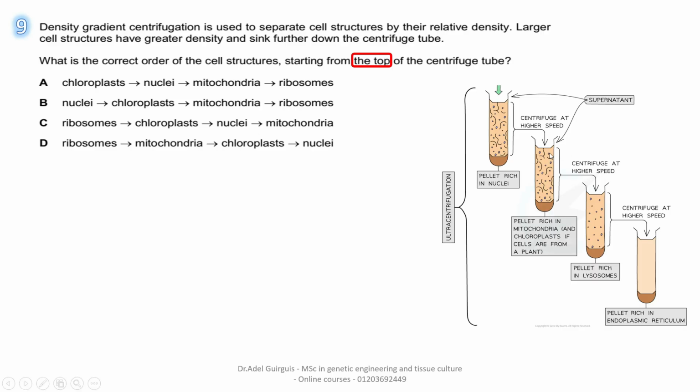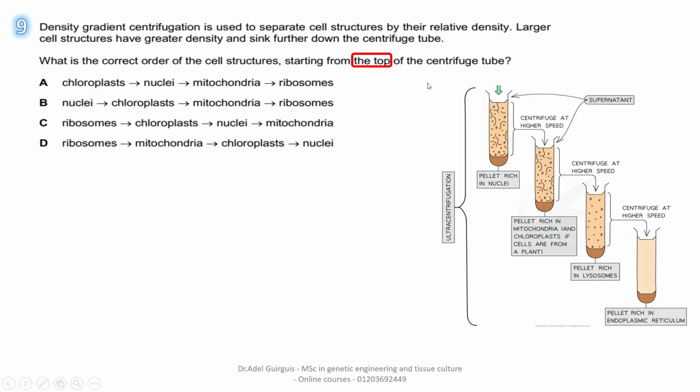When we take this supernatant and spin it for the third time, we obtain the third pellet: lysosomes and other vesicles, like transport vesicles and secretory vesicles, all these vesicles with one membranous structure. Then when we take this supernatant and finally centrifuge with very high speed for a long period of time, we obtain a pellet containing rough endoplasmic reticulum and a lot of ribosomes.